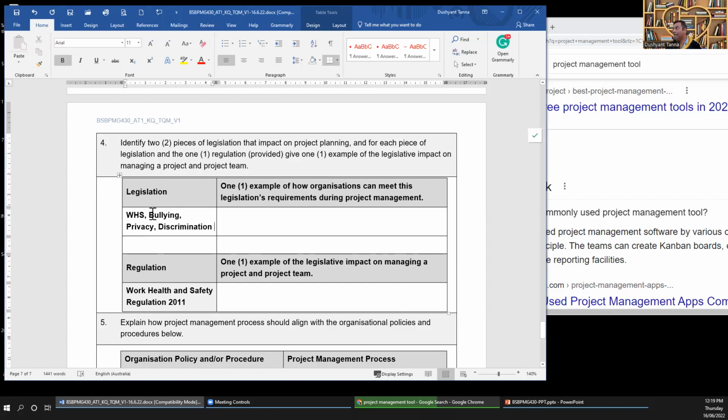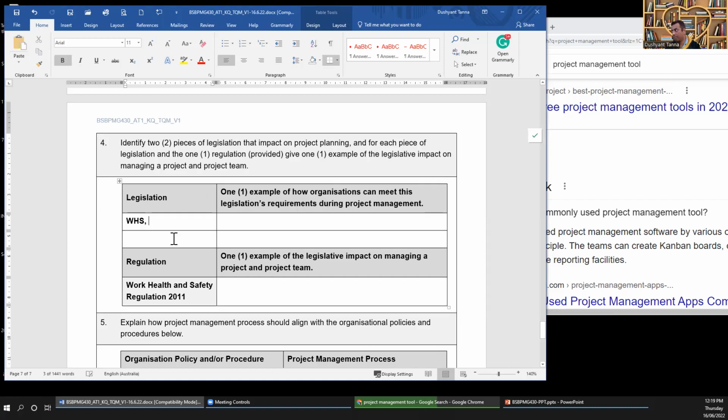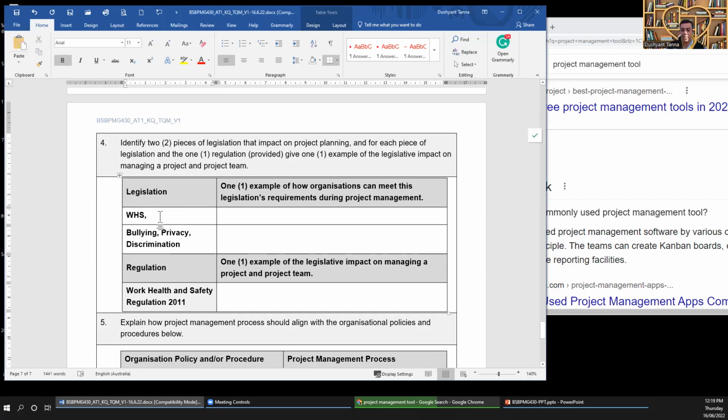Okay. So let's say you talked about WHS, work health and safety. How does an organization meet WHS legislation requirements during project management? How would you ensure that you are not breaking any WHS requirement? It doesn't matter what the priority or deadline of the project is, you must always ensure safety is not compromised.